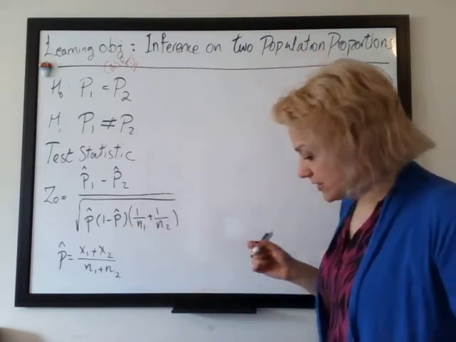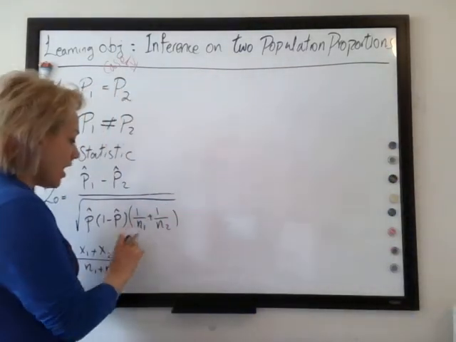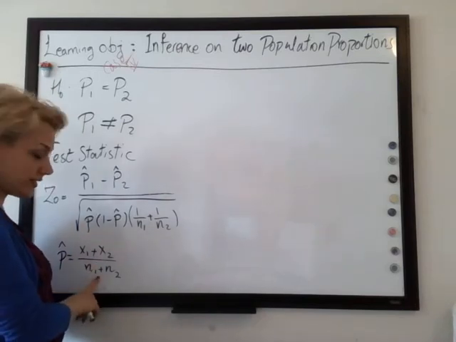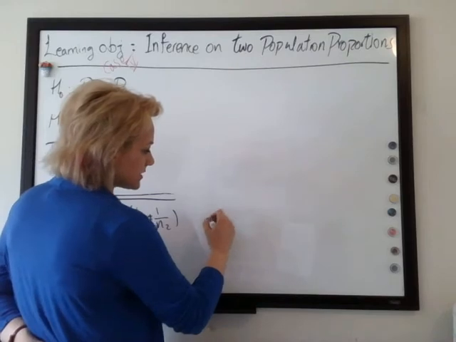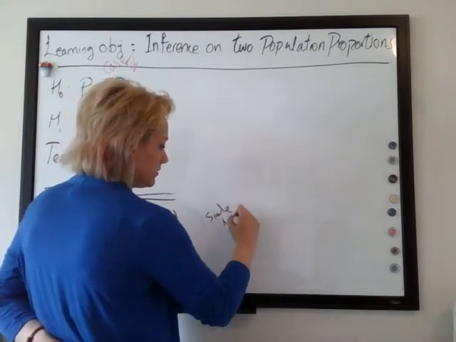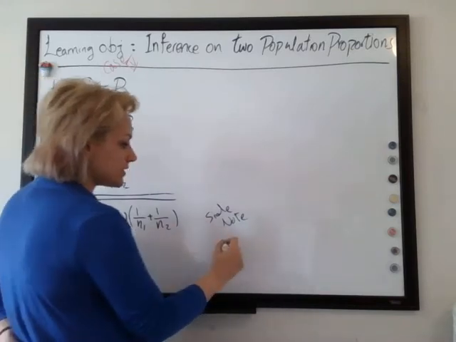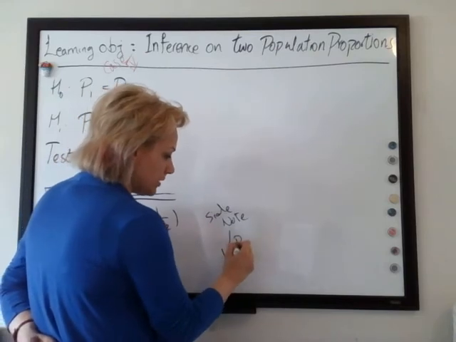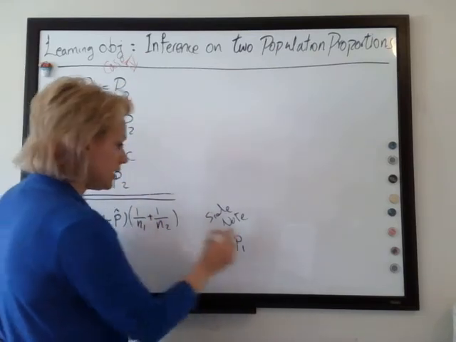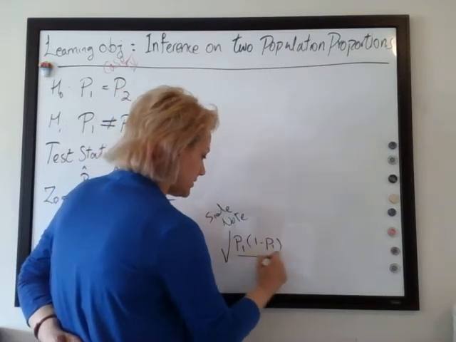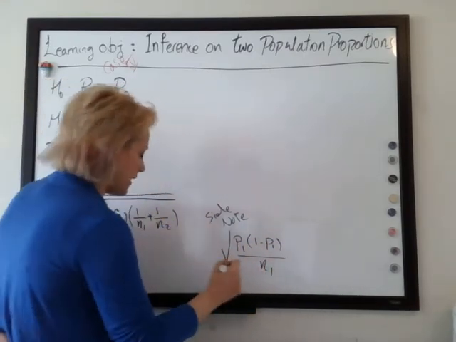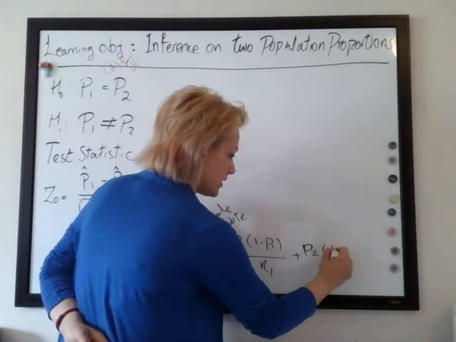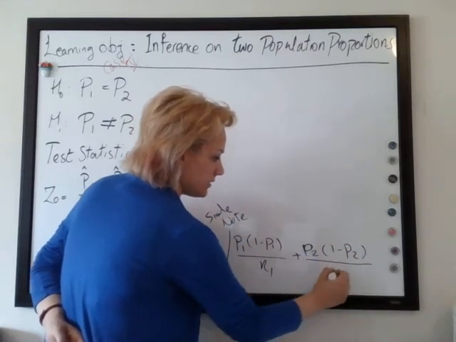Another thing that I want you to consider is that for this standard error, we can write it like this, (x1 plus x2) divided by (n1 plus n2), or I'm going to write down something as a side note here. For this standard error, I can write down the square root of P1 times (1 minus P1) divided by N1, plus P2 times (1 minus P2) divided by N2.